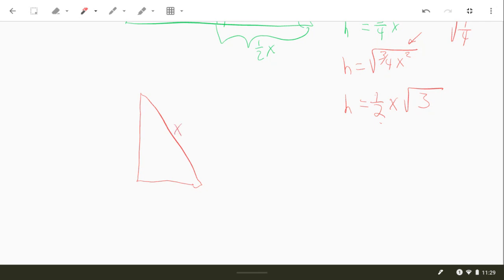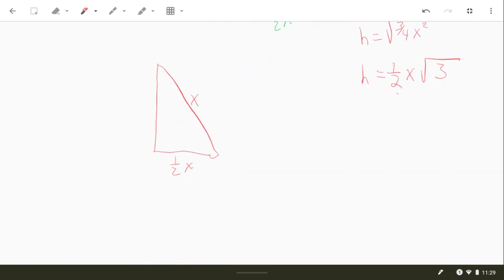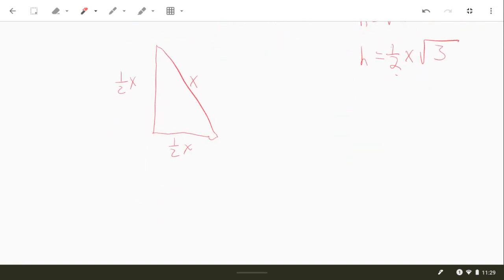So I had X, this was 1/2 X, and then this one was 1/2 X root 3. All right, so I'm going to choose X equal to 2 and just plug that into the triangle, and it's going to be a true triangle.